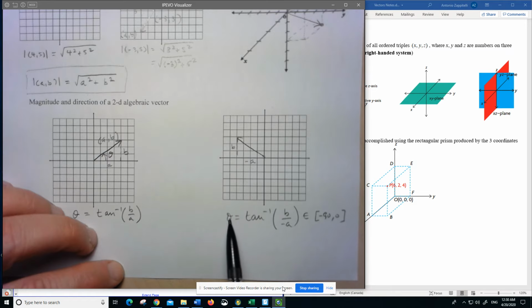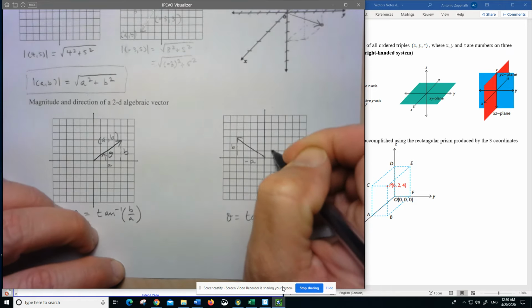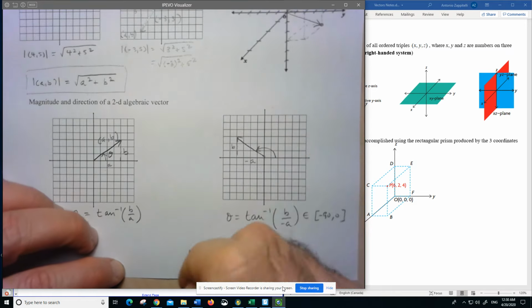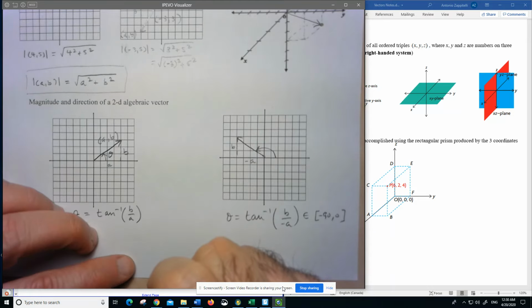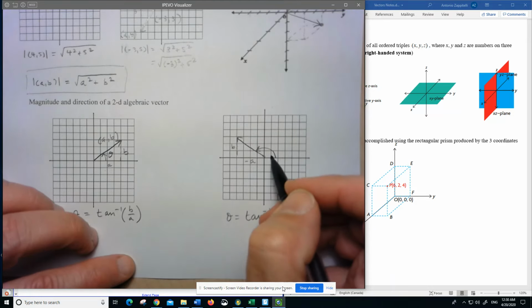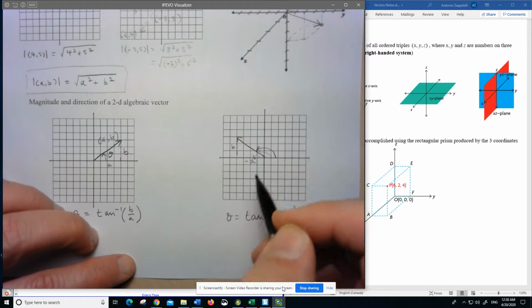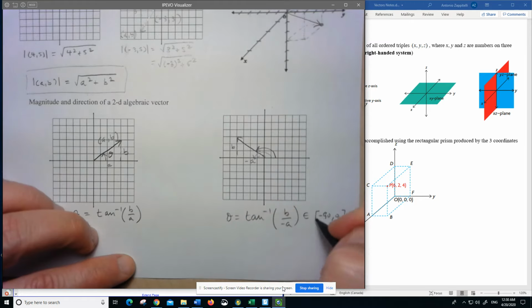So that means I'm going to have to do a little bit of work to find the angle from the positive x-axis. In this case here, well, I can say it's going to be 180 and then I'm going to be subtracting whatever I get here. In fact, I'm going to be adding because it's going to be a negative number.